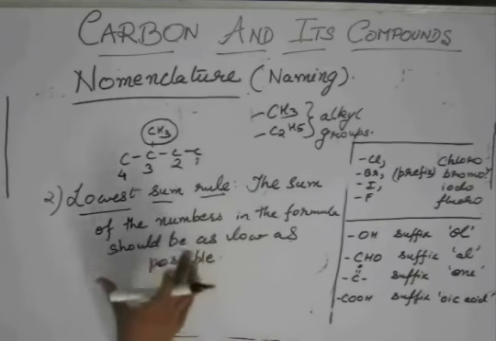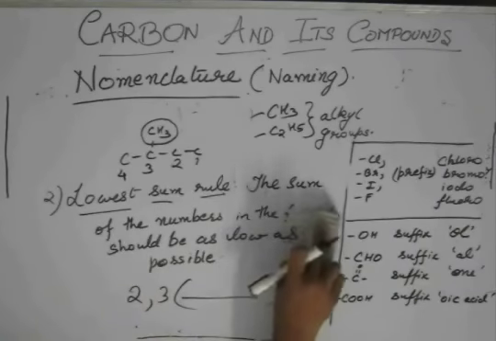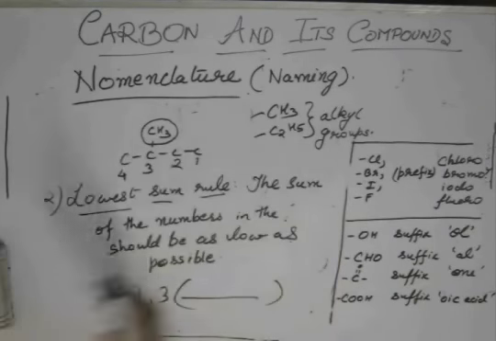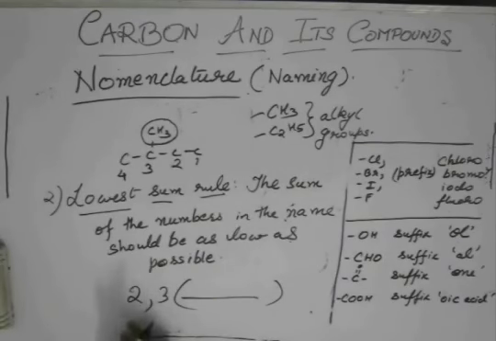The sum of the numbers means the numbers preceding the name, like 2, 3, whatever, and then methyl butane, ethyl pentane, something like that. So this should be as low as possible.